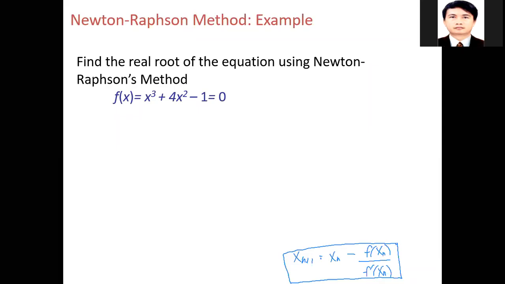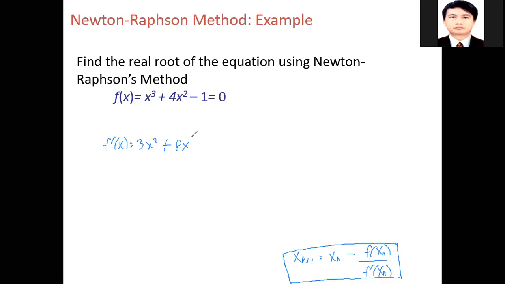Of course we need to define what f prime of x is, so let me write that first. From the given f of x, this will give us f prime of x as 3x squared plus 8x.